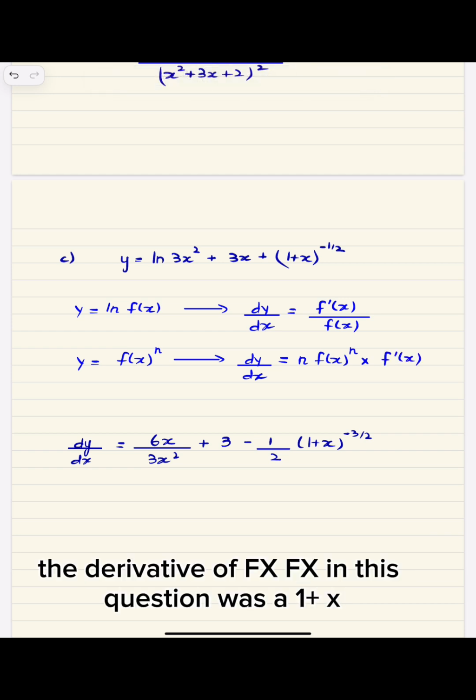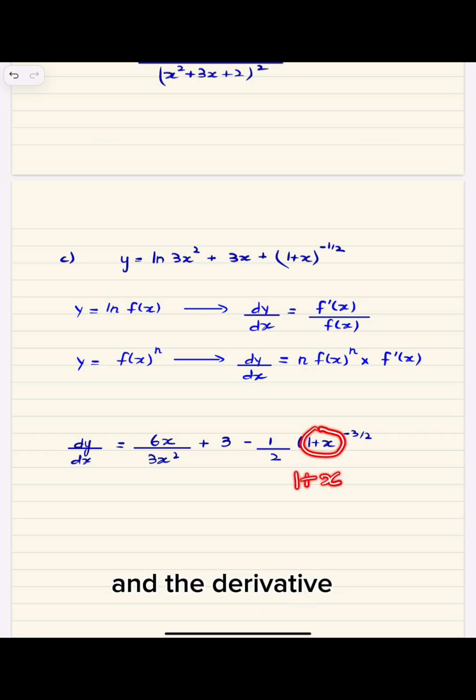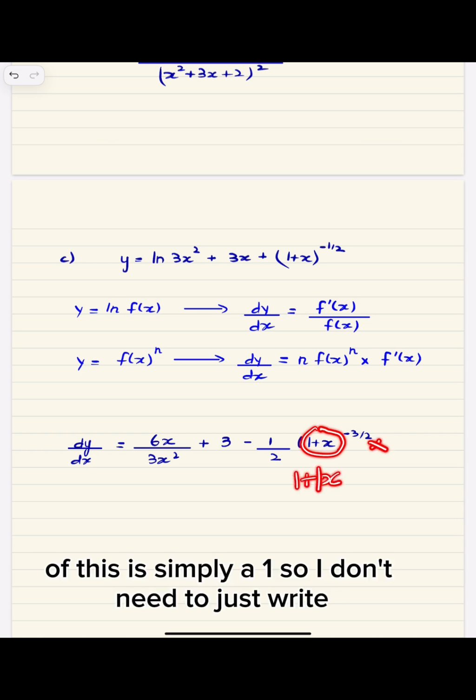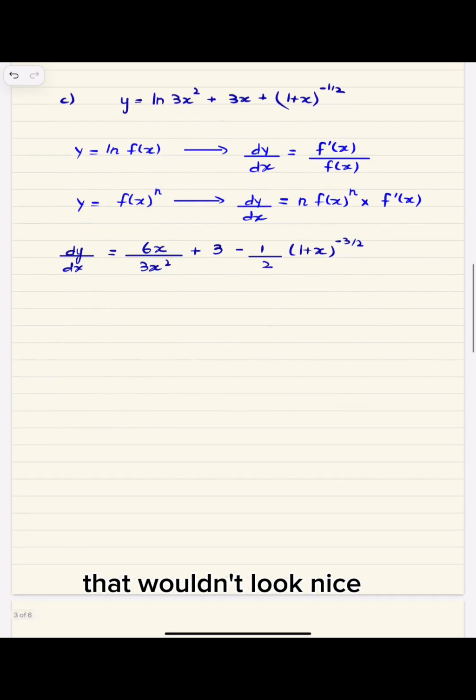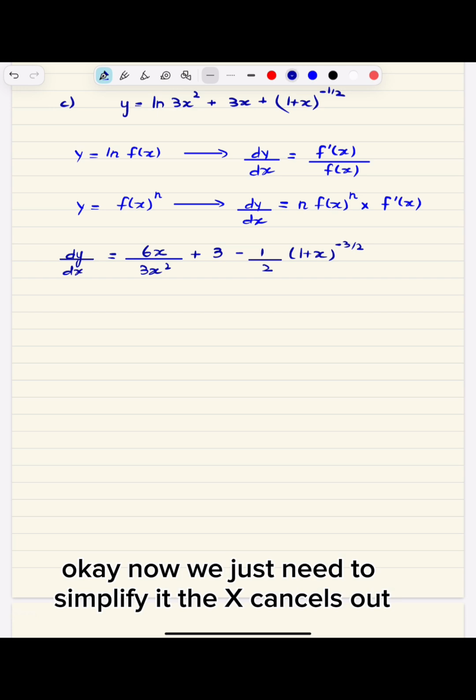The derivative of f(x) in this question was 1 plus x, and the derivative of this is simply 1, so I don't need to write multiplied by 1. That wouldn't look nice.